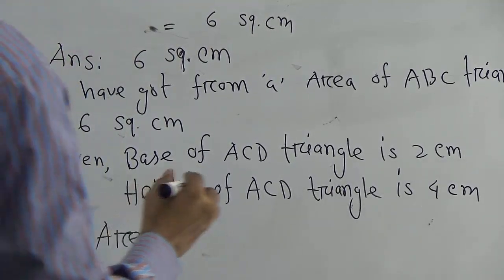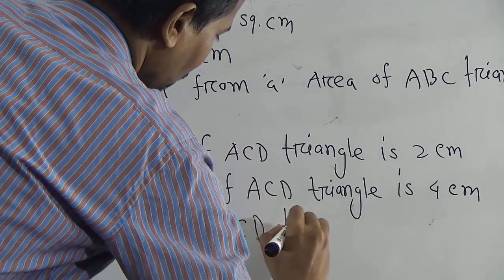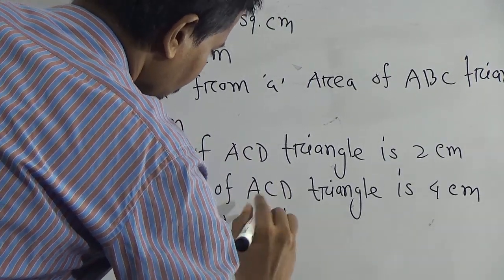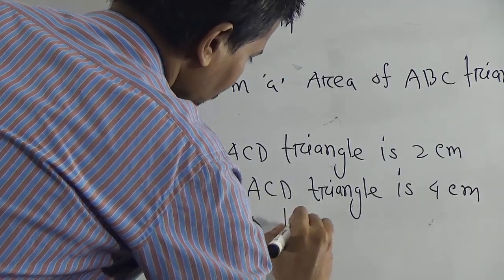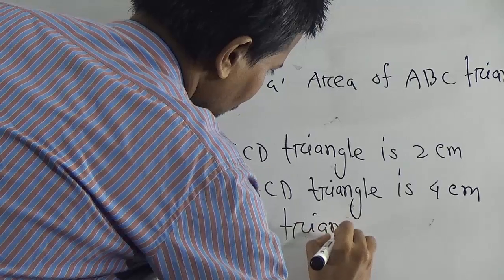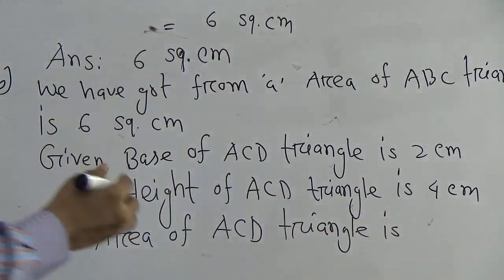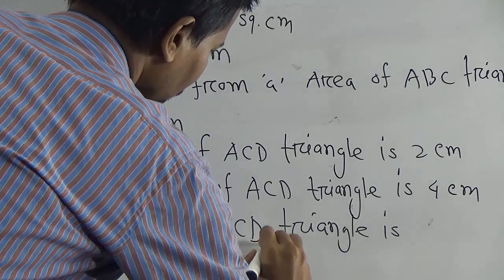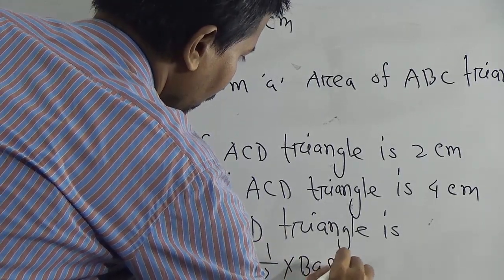Okay. Now area of ACD triangle is what? Half into base into height.